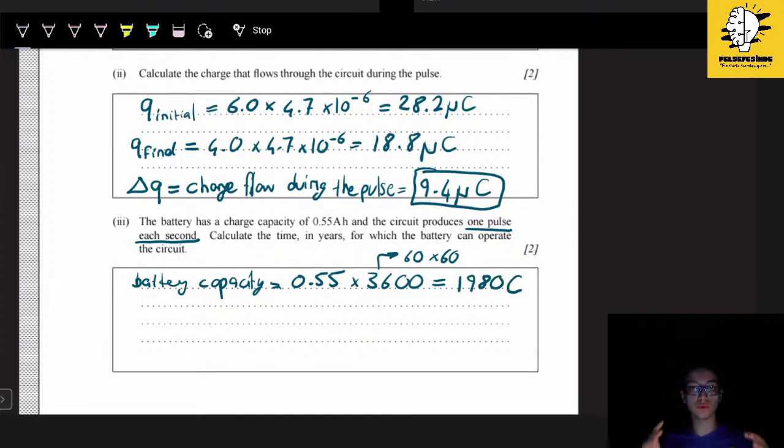This is the number of charges available in the battery.